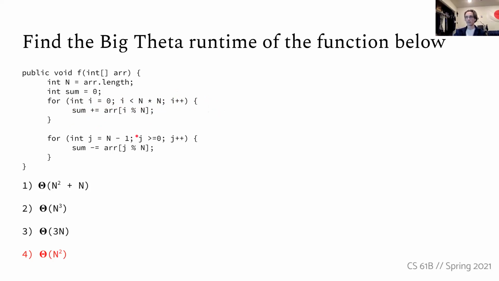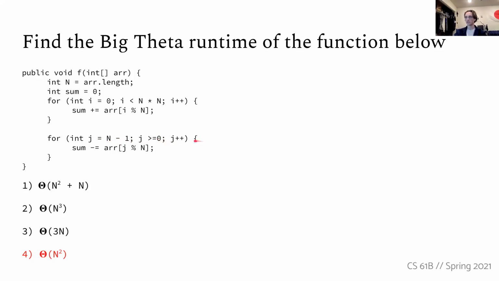Okay, let's look at our second for loop. The second for loop is initialized to be j equal to n minus 1. And yes, there's a comment in the chat. This probably should be j minus minus, but it won't matter for this problem. This for loop would never end if it wasn't j minus minus.